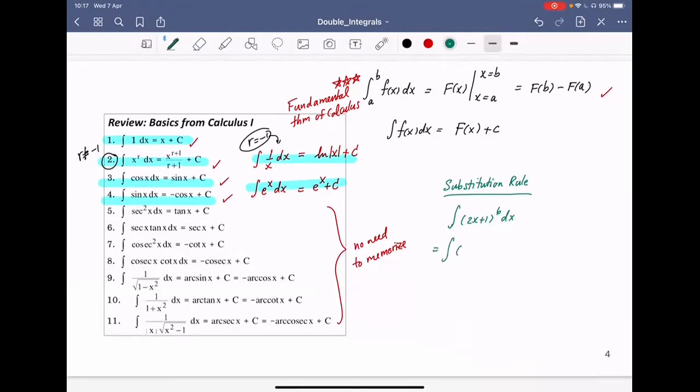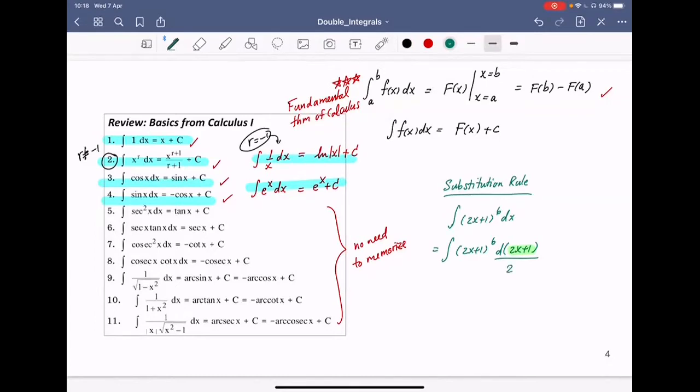So for (2x plus 1) to the 6th power, what I usually do is, since I am going to pick u equal to 2x plus 1, I switch dx here to d(2x plus 1). When I write this notation d(2x plus 1), it means I pick u equal to 2x plus 1. And then, because I have to differentiate 2x plus 1 with respect to x one time, I get 2 here.